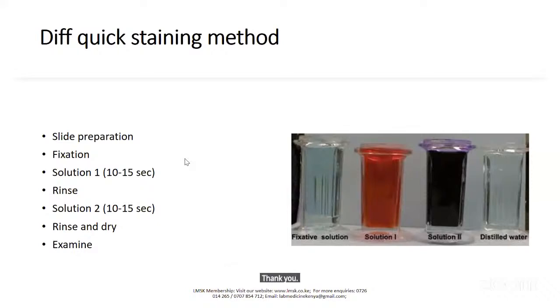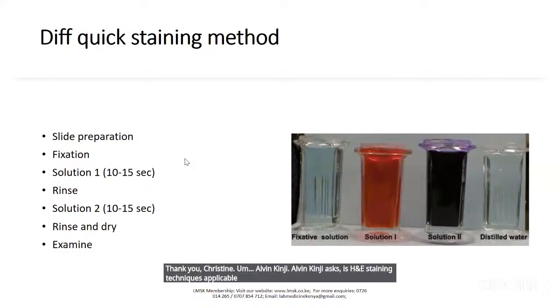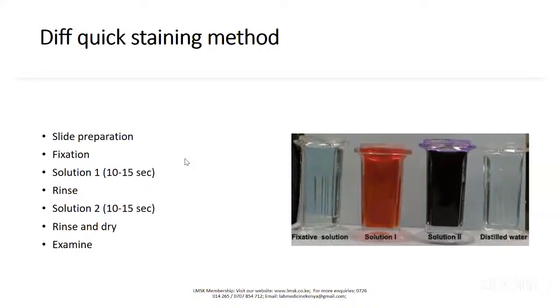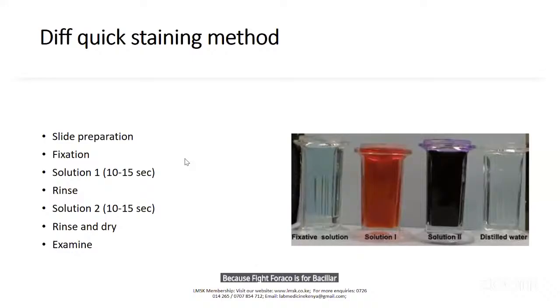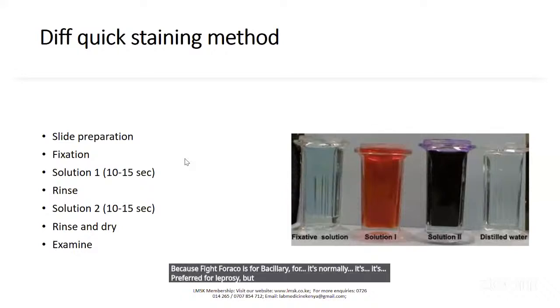Thank you, Christine. Alvin Kinji asked, is the H&E staining technique applicable for staining tissues when TB is suspected? For TB, you normally go for ZN, and if you don't have the ZN, you can do FITE. You have the FITE Faraco staining technique and the ZN. So those are for TB. Because FITE Faraco is for bacilli. It's normally preferred for leprosy, but basically it's able to pick bacilli because the leprosy organism is a bacillus.